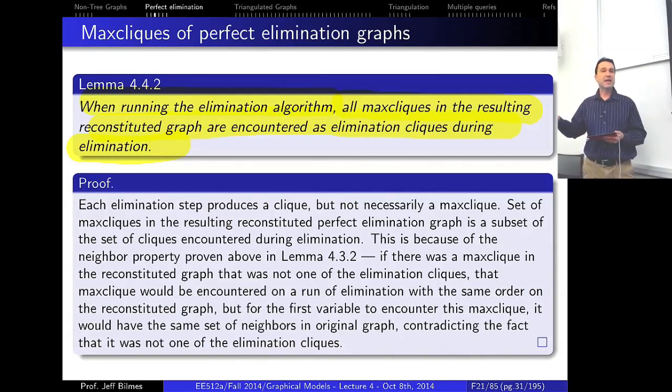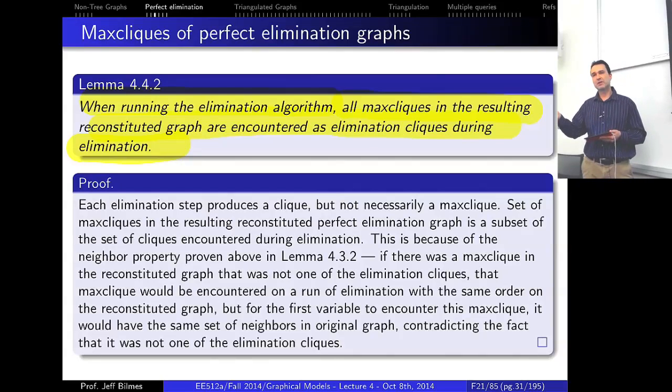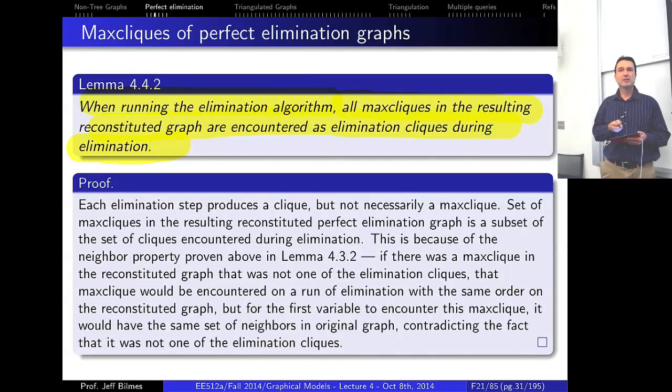And there are some set of maximal cliques in the graph. So remember, there's the clique factorization property and the max clique factorization property. These are the maximal cliques, the cliques within which all non-maximal cliques can be placed. And so what this is saying is that all maximal cliques are encountered as elimination cliques when you run the elimination process. So here's the proof.